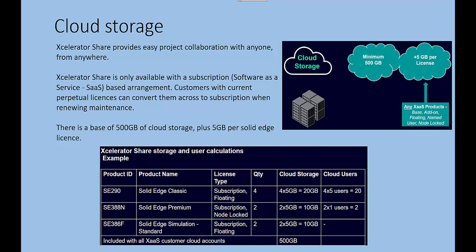As I said earlier on, this is only part of the subscription, also known as software as a service or SaaS, and customers who currently have perpetual licenses can convert them across to subscription when they renew their maintenance, and this will give them access to this tool.